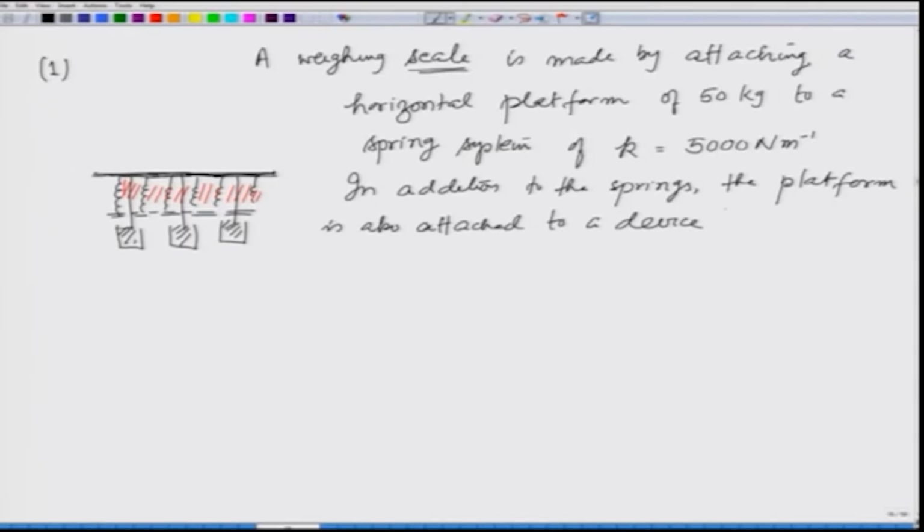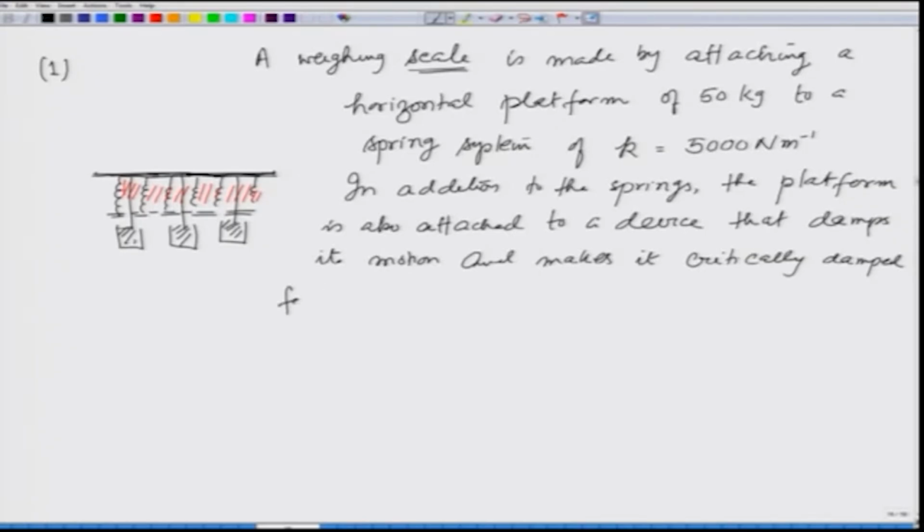So, attached to a device that damps its motion and makes it critically damped for 500 kgs on the platform. So, if I put 500 kgs on the platform, then this is critically damped.